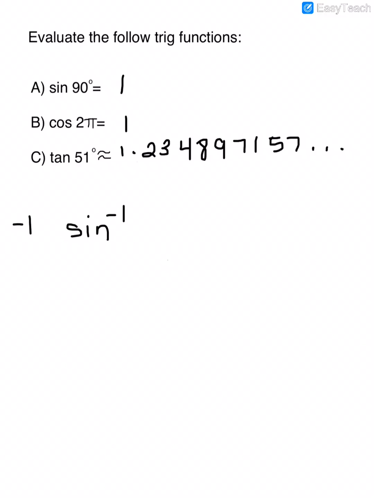And this would be read as sine inverse of x. Or we might see this arc, and it would be written like this in a trig function, and we read it as the arc sine of x.